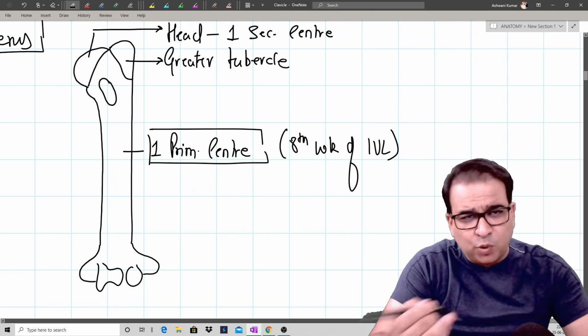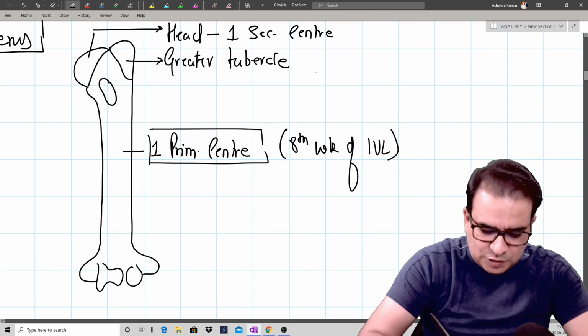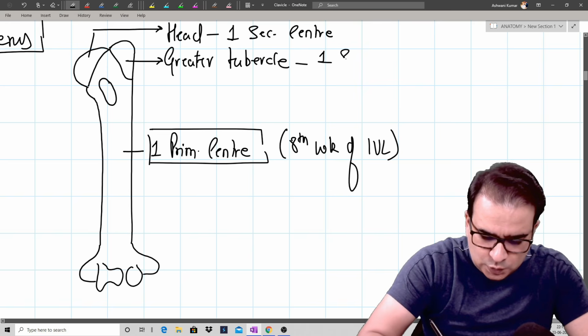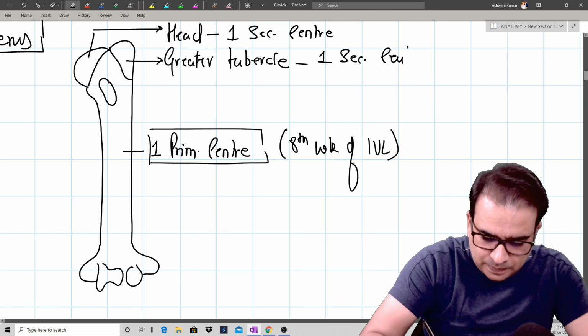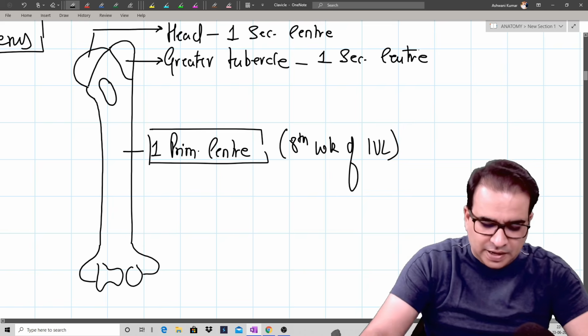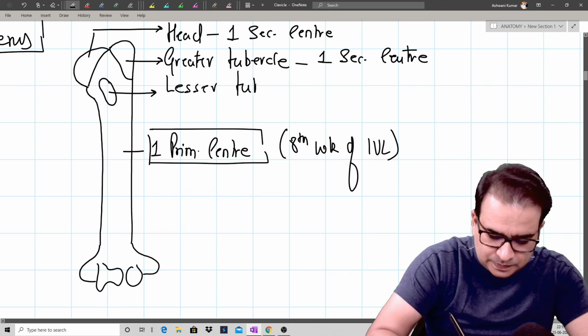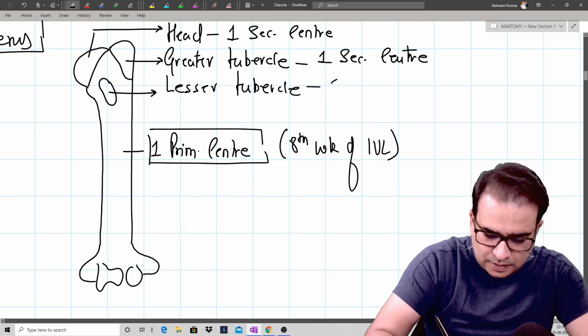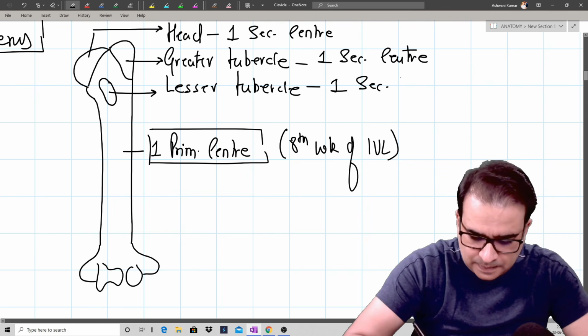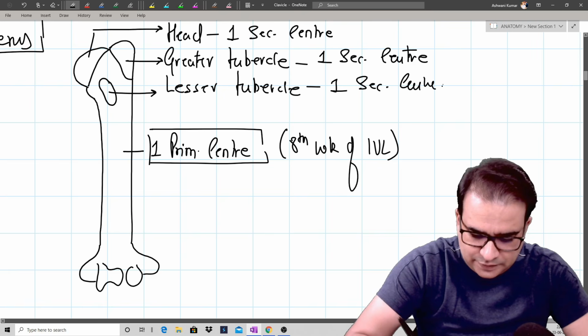As you know, the greater tubercle is more laterally placed. We'll be discussing it in the osteology part. And then we have one secondary center for the lesser tubercle also.